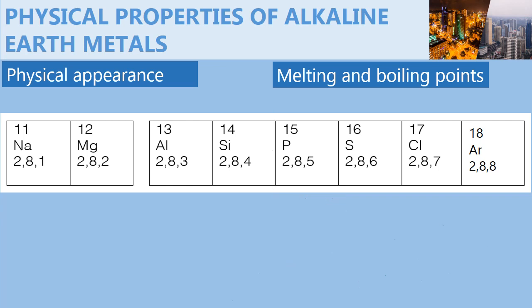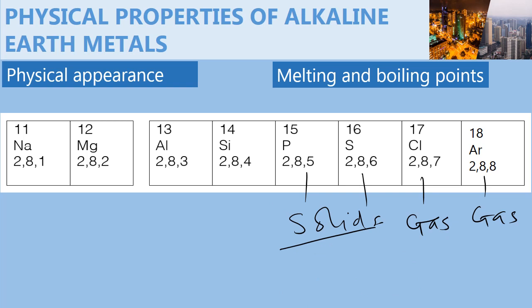Chlorine exists as a gas at room temperature. Argon exists as a gas. Phosphorus and sulfur exist as solids, but they have low melting and boiling points.